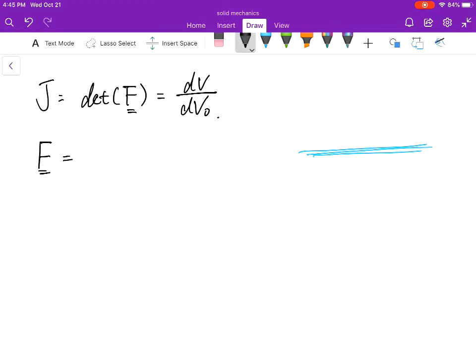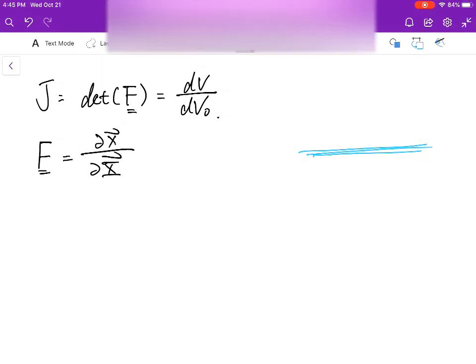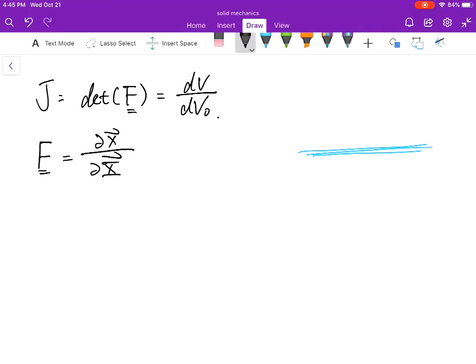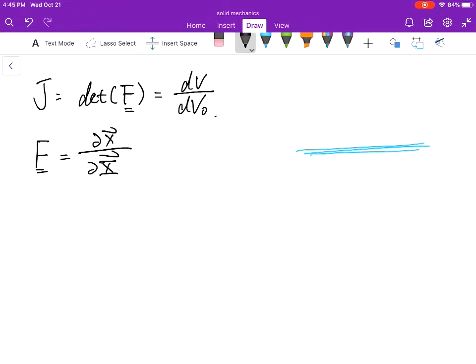The deformation gradient tensor is defined as the partial derivative of the vector x in the current configuration over the uppercase X in the reference configuration, and in component form Fij equals partial xi over partial Xj. That's the definition.